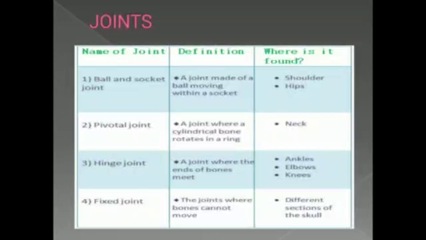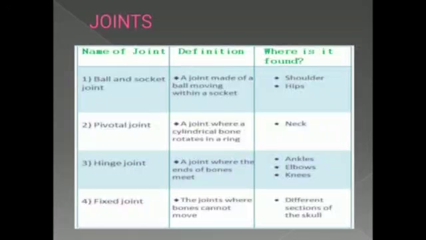First, ball and socket joint: a joint made of a ball moving within a socket, and it is found at shoulder and hips. Second is pivotal joint: a joint where a cylindrical bone rotates in a ring, and it is found in the neck.